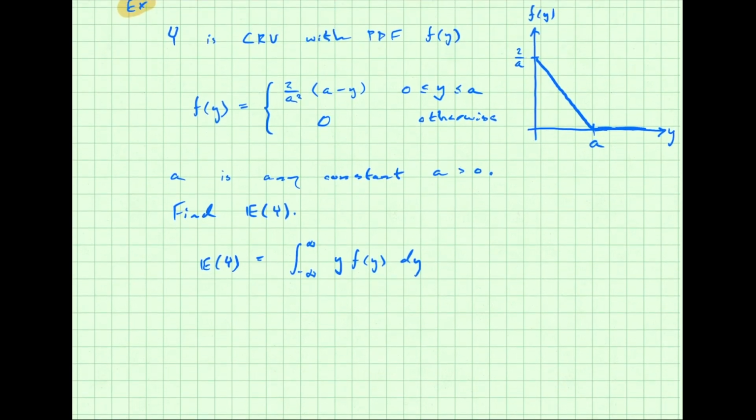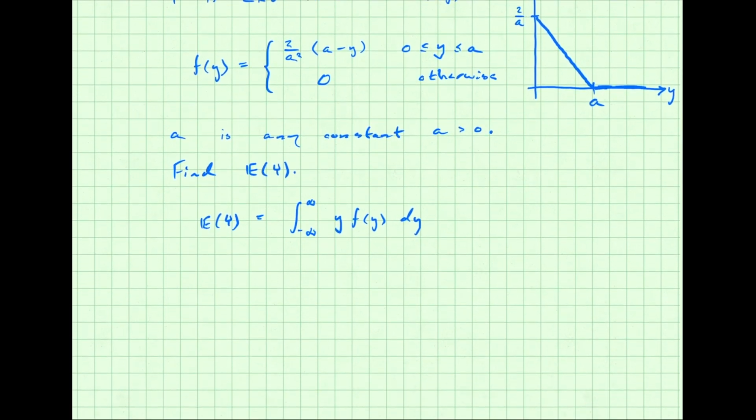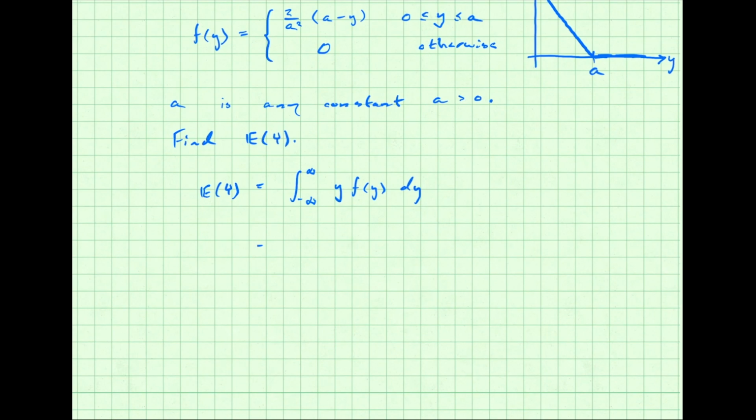That's true, and it's going to show up right away, because f is only non-zero in the region between 0 and a. So that very quickly becomes the integral from 0 to a. Then we put in the functions. Here's y, and the function f of y is 2 over a squared times a minus y, and then dy. So that's the integral we want to do.